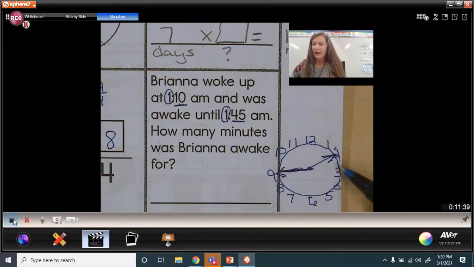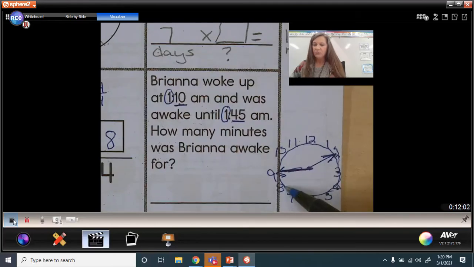So let's go ahead and count by 5 minutes. So from the 2 to the 3, that's 5. From the 3 to 4, that would be 10. From the 4 to the 5, that would be 15. To the 6 would be 20. To the 7 would be 25.